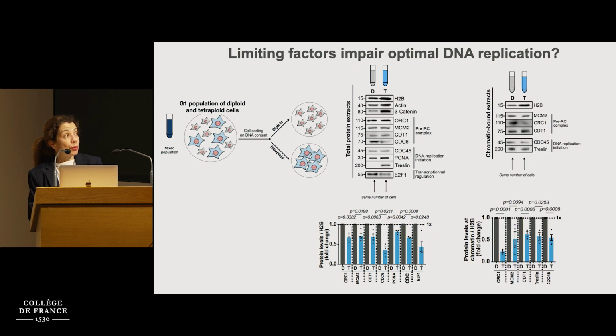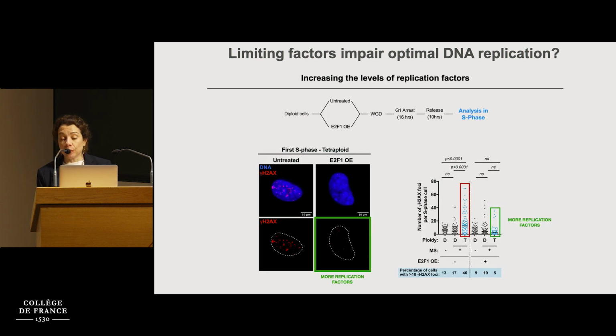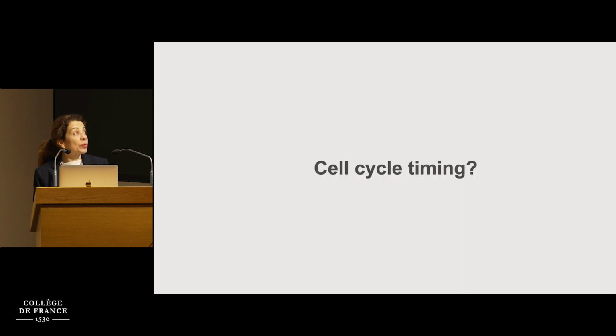So we wanted to compensate for this lack of scaling, and so we overexpressed E2F. And indeed, now we can see a partial rescue of DNA replication factors. We also looked at the cell cycle because we were wondering if at the G1/S transition there's not enough mass. Maybe a possibility was that G1 is not taking long enough to be able to accumulate this mass.